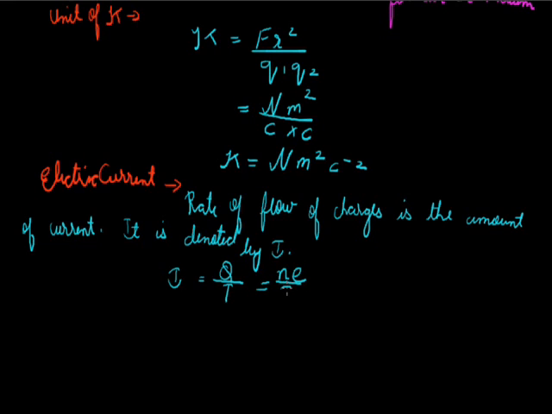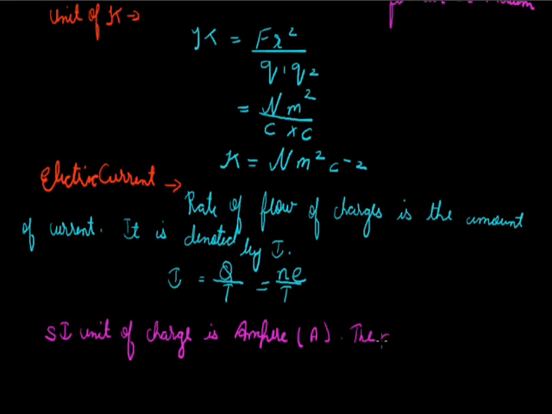So NE by T is also equal to I. Now the SI unit of current is ampere. The device which is used to measure the current is known as an ammeter.